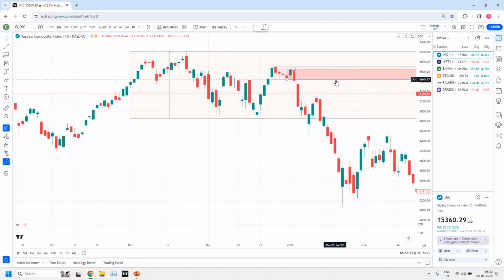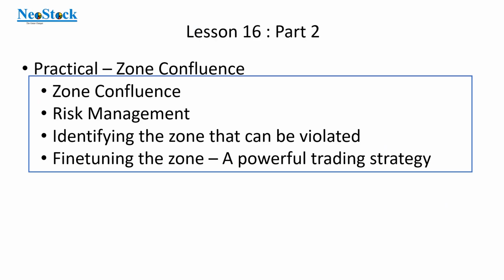And when you trade in such kind of zones, those zones will be having a higher success rate, provided other factors also support the trend, the location. When other factors support, these kind of setups are having higher success rate. That is what I told about fine tuning the zone, a powerful trading strategy.